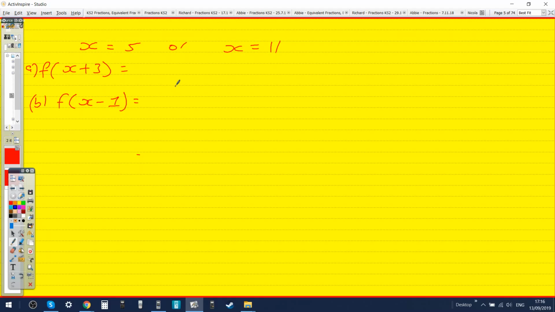So substitute the x for 5. You get 8. X becomes x plus 3.